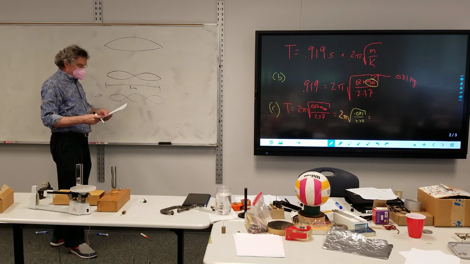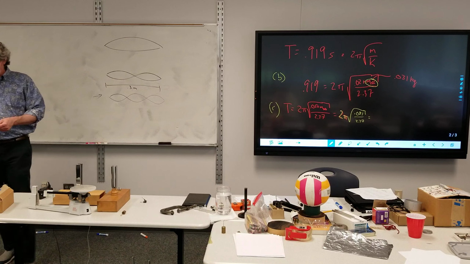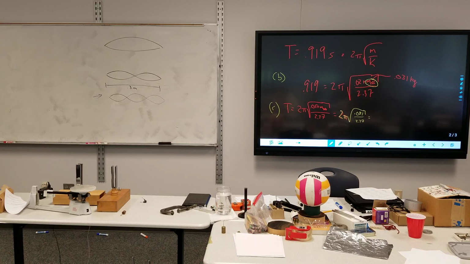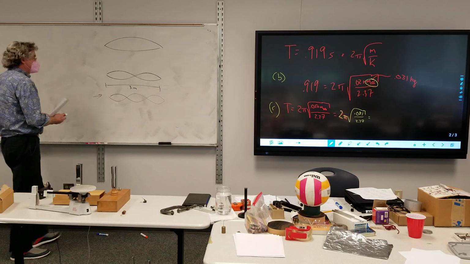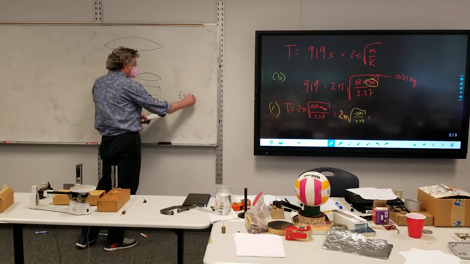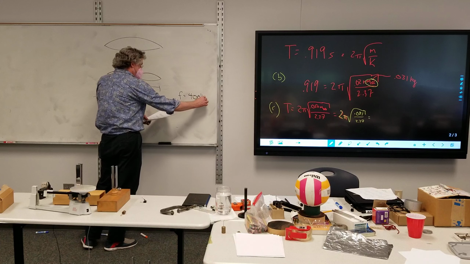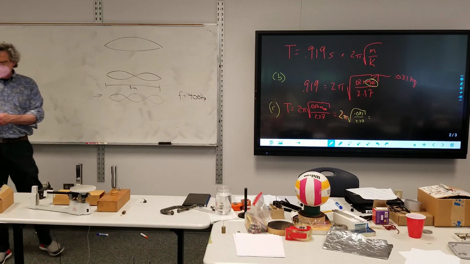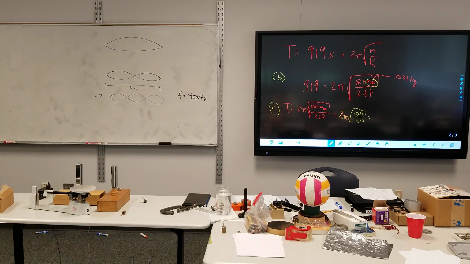The first question is, what's the wavelength of the transverse wave, as opposed to the sound wave? Side information for later in the problem: frequency is 400 hertz. What's the wavelength of the wave on the string?